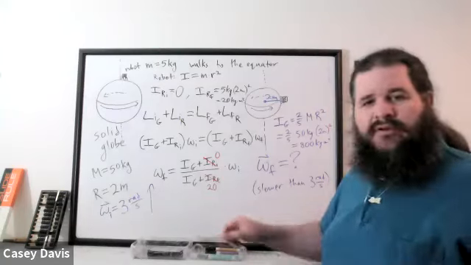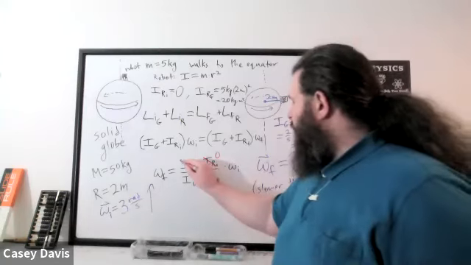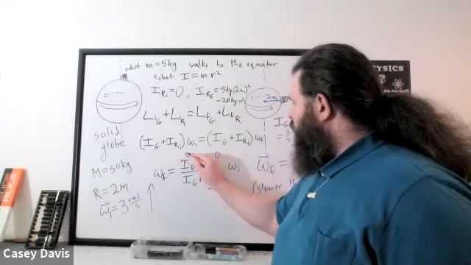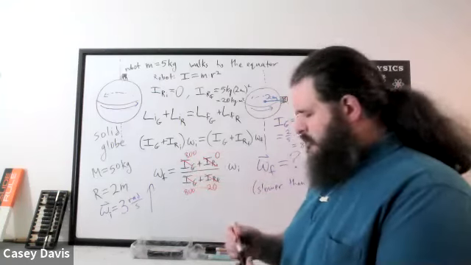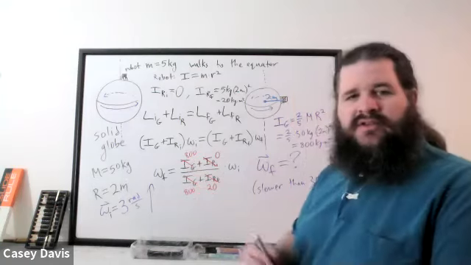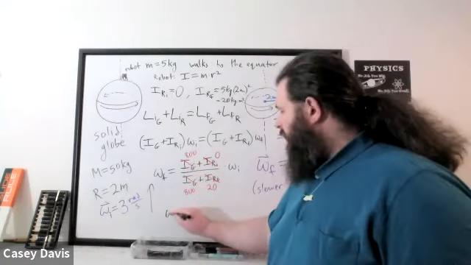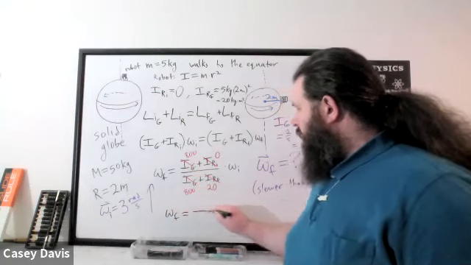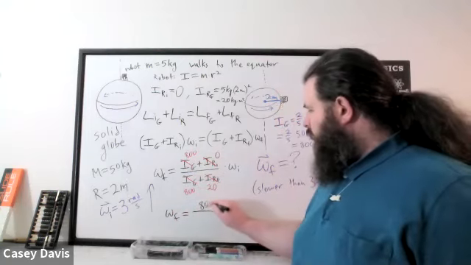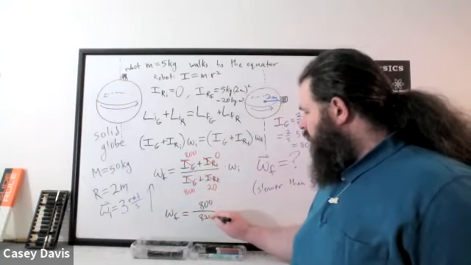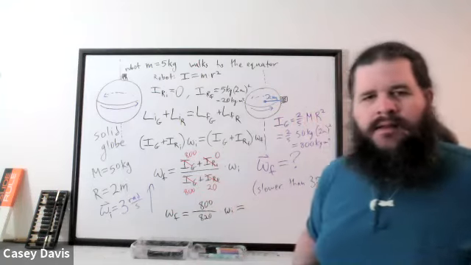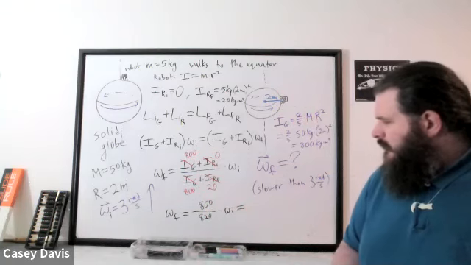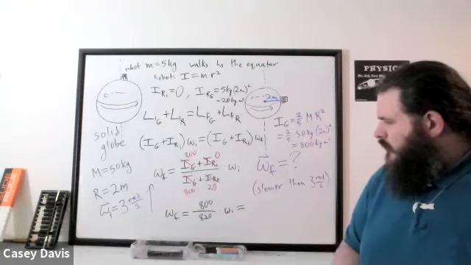So that would be the moment of inertia of the globe, both before and after, because the globe itself isn't really changing. So this tells us that the final angular speed is 800 plus 0 over 800 plus 20 times the initial angular speed. 800 over 820 reduces to 40 over 41, I think.